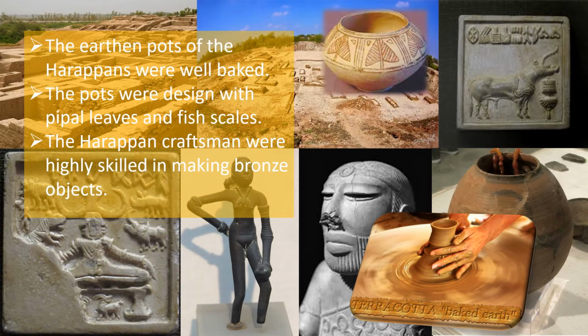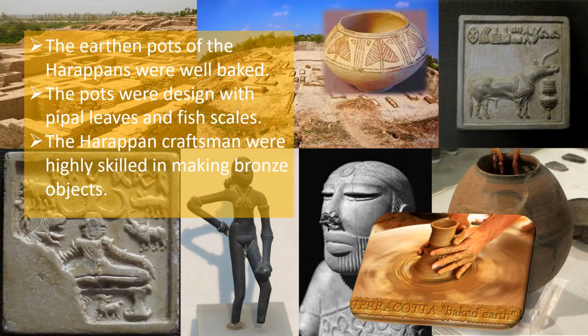The characteristic earthen pots of the Harappans are well baked, red in color, and with beautiful designs like people, leaves, and fish scales. You can see in this image the pot with people and leaves, and the red-colored earth used for making the pots.